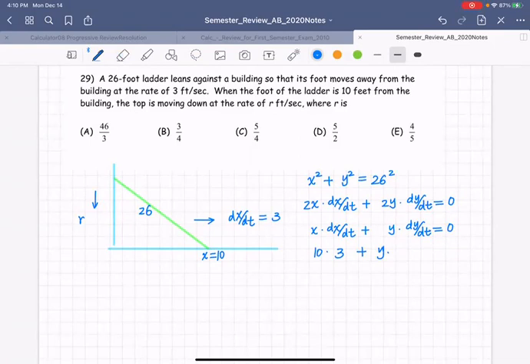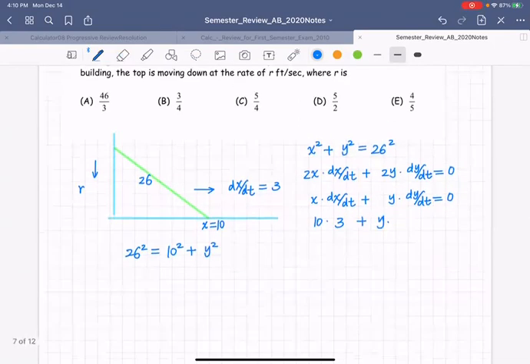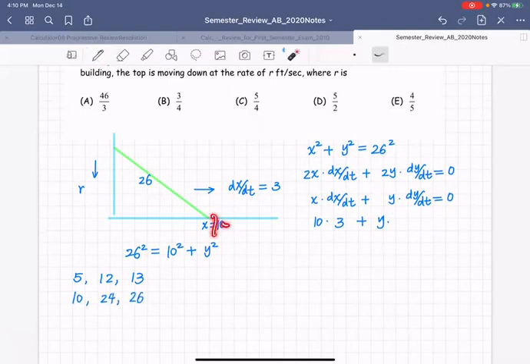We can calculate y. 26 squared equals x squared plus y squared, right? If you remember those Pythagorean triples, 5, 12, 13, so this would be 10, 24, 26. If that is 10, that is 24, so y is going to be 24.